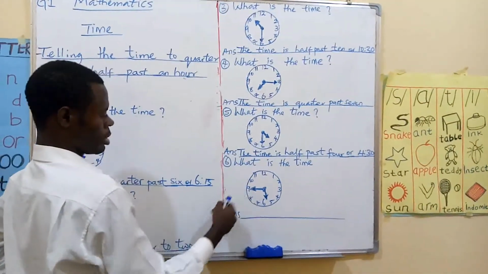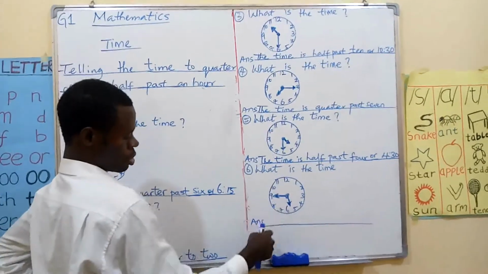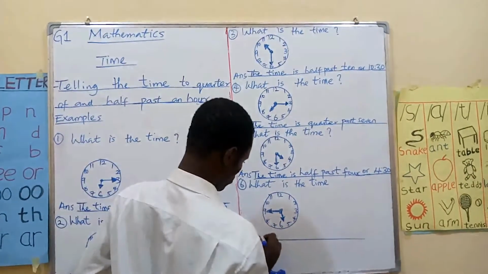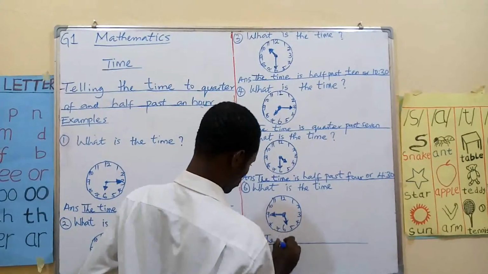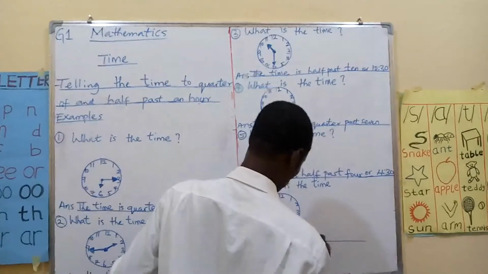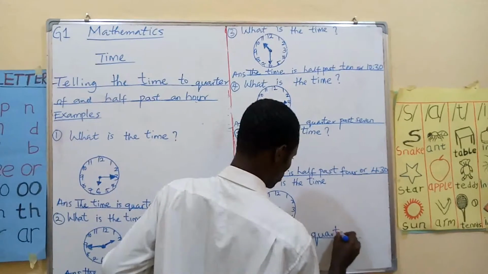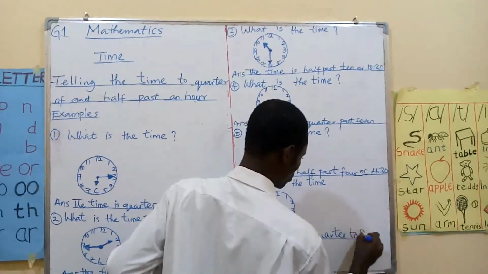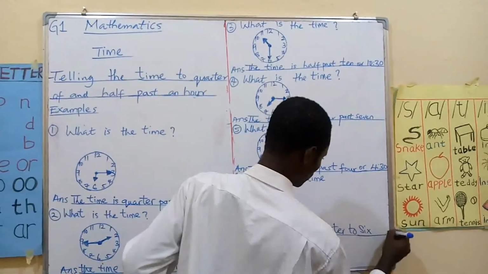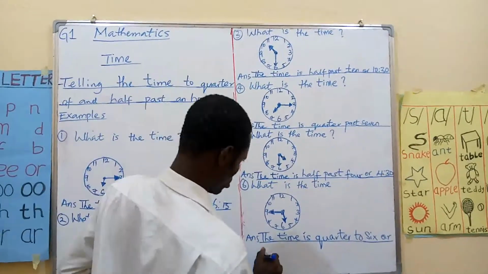And what is the time? The short hand is about getting to 6. So it's 5:45. Remember I told you that 5:45 means what? 15 minutes to 6. Alright?